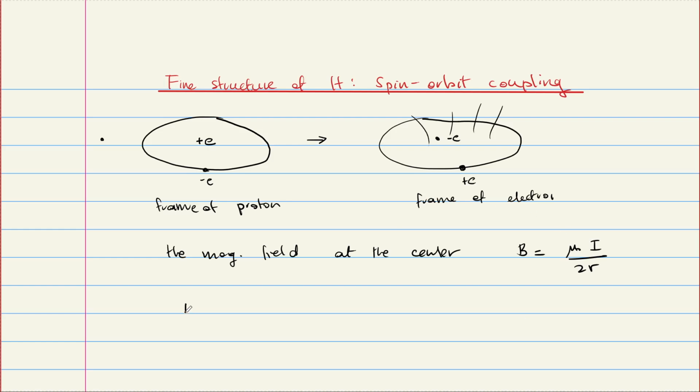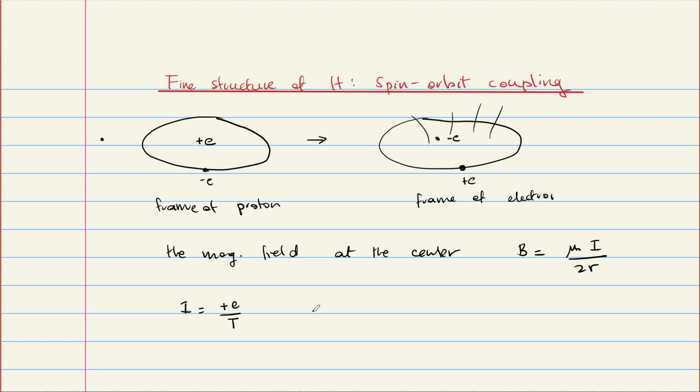And what is I? I is E over T, and this T is the orbital period of the electron, because the electron orbiting around the proton takes the same time in its rest frame as the proton orbiting around.